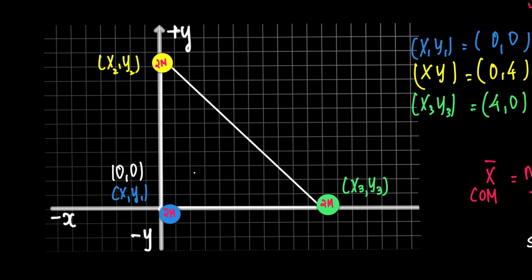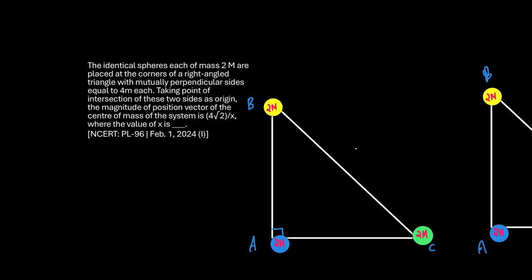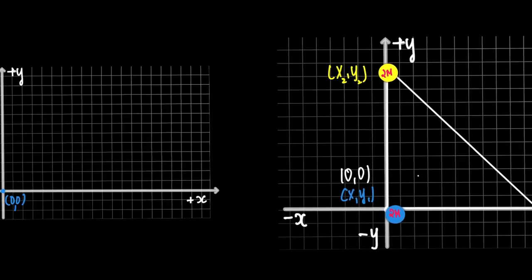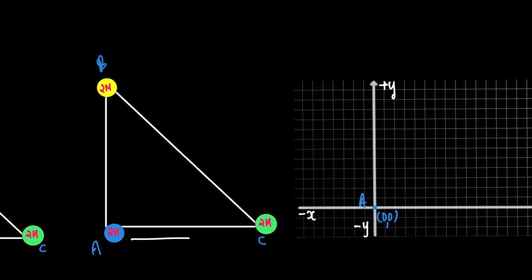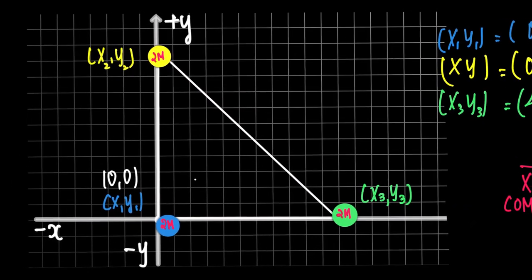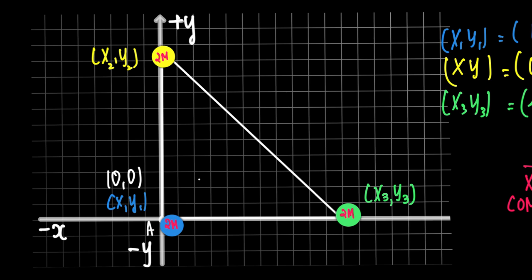Now it is given in the question that the other sides are 4 meter each, which means AC should be equal to 4 meter and AB should be equal to 4 meter, right? So if AB is equal to 4 meter, then what should be x3? X3 therefore should be equal to 4, and y3 should be equal to 0.